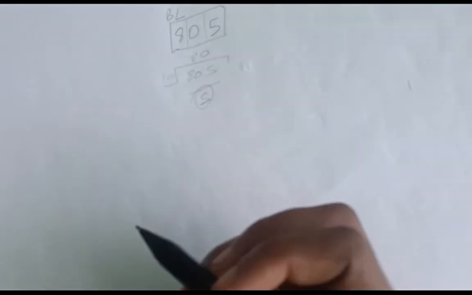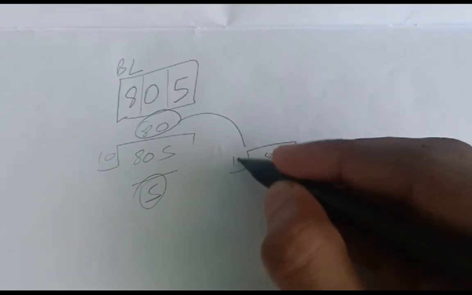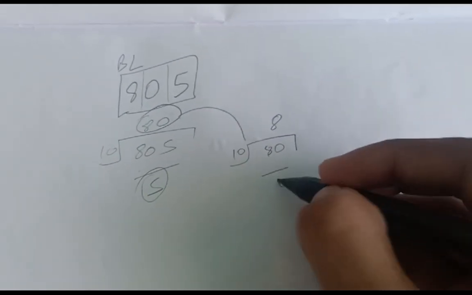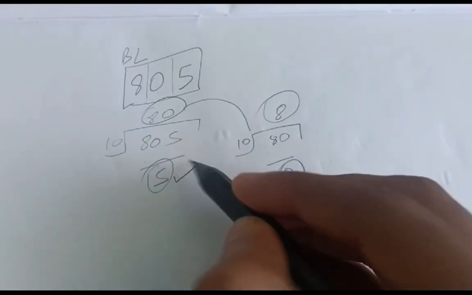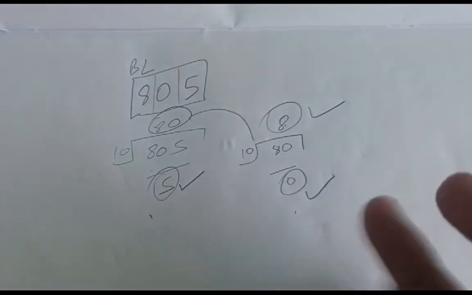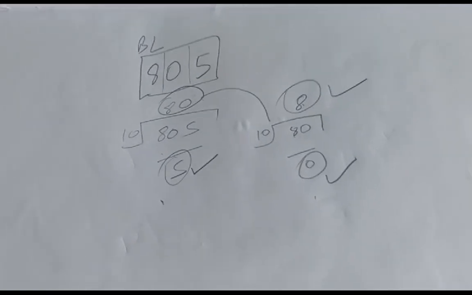So I get 5 from here. After that, I will take this 80 and divide it by 10. So 80 divided by 10, I will get 8 as the quotient, 0 as the remainder. So see, I get 5, 0, 8. So using this method, I will be doing it in the program.